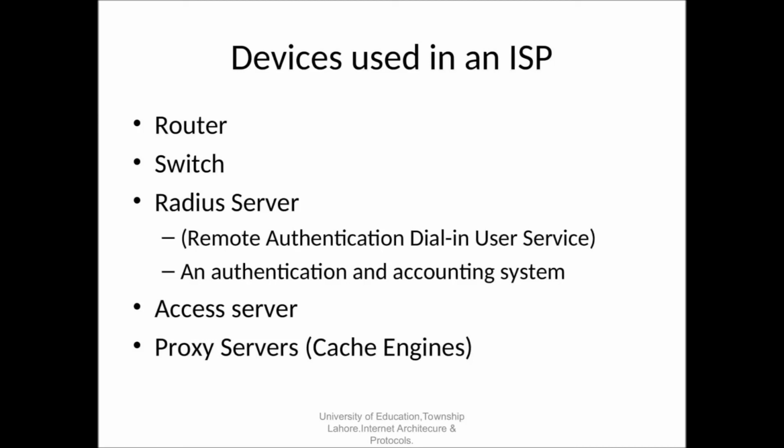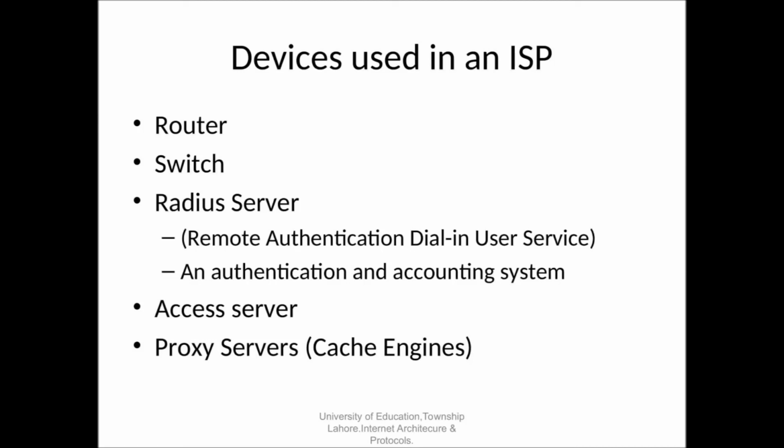A router is a WAN device, and it works on IP addresses. We can stop hackers and threatening data with the help of different techniques, and ACL, access control list, is most commonly used, which is deployed on the router.